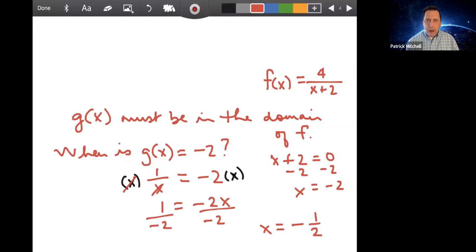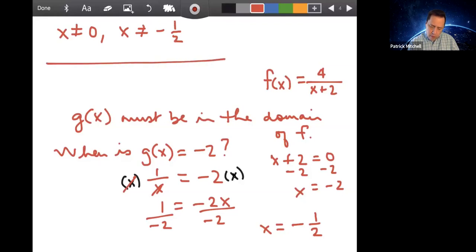You have to leave out x equals 0. In other words, x cannot equal 0. And you have to leave out negative 1/2. So this reminds me a little bit of the very first domain problem we did in this video, when you just need to leave out two specific numbers.